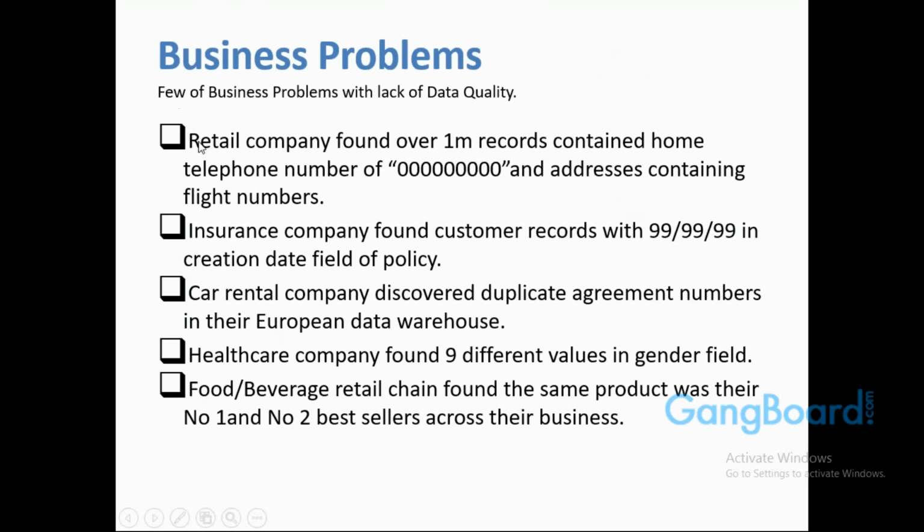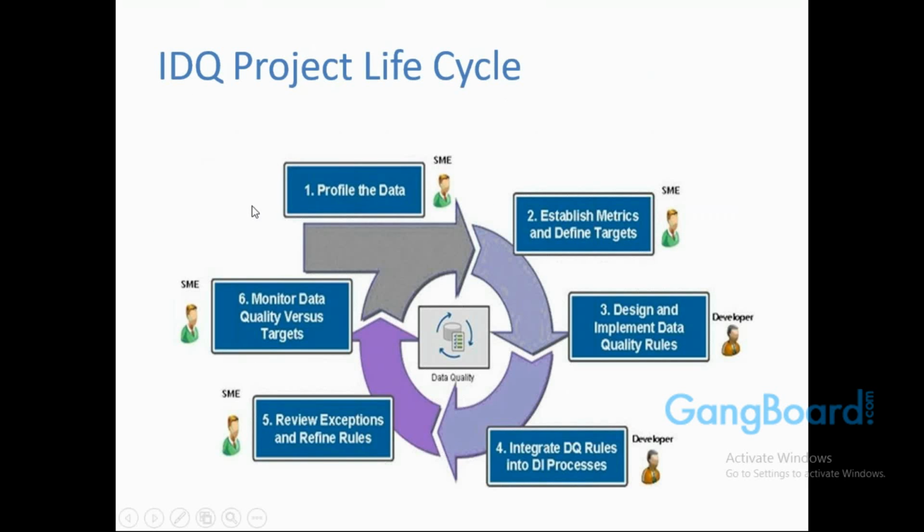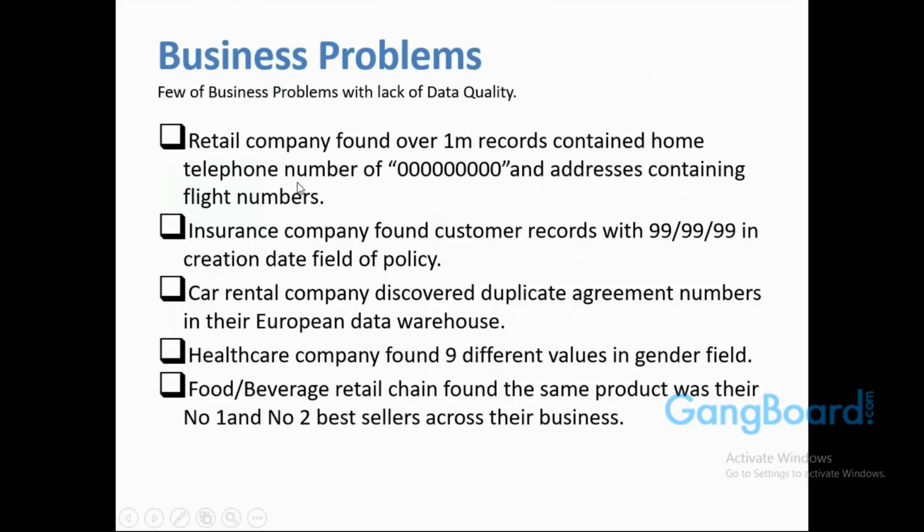Actually, a few of the business problems are framed here. A retail company found over 1 million records that contained home telephone numbers with all zeros. Is a telephone number of all zeros valid? No. To overcome that, we will use IDQ.